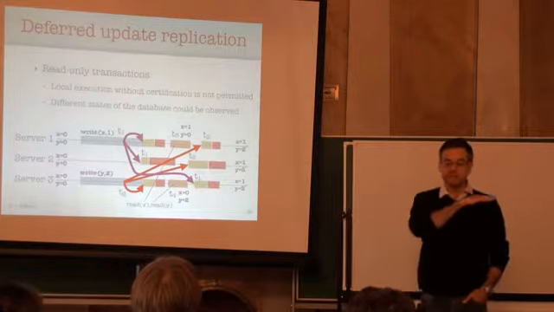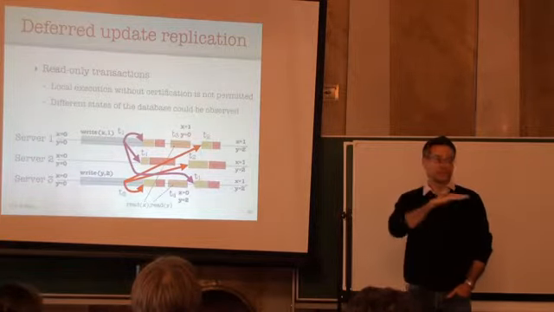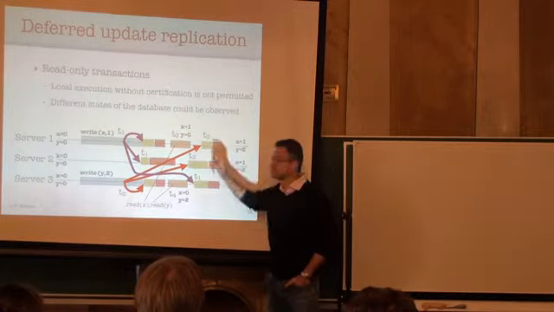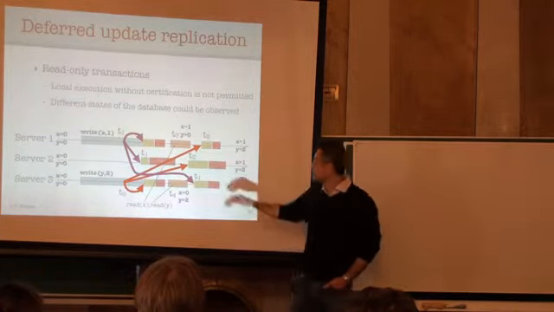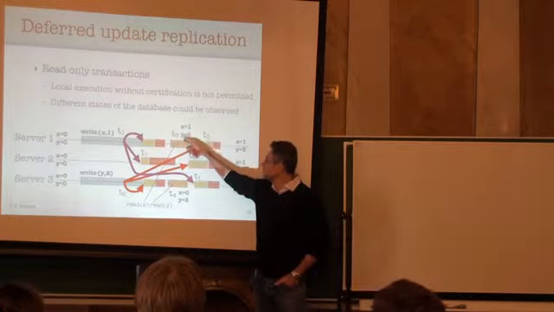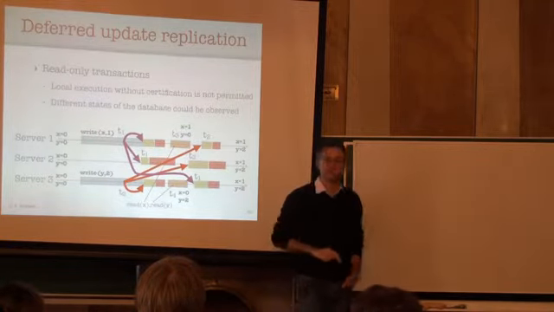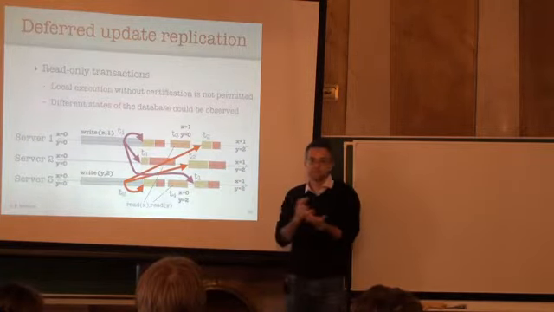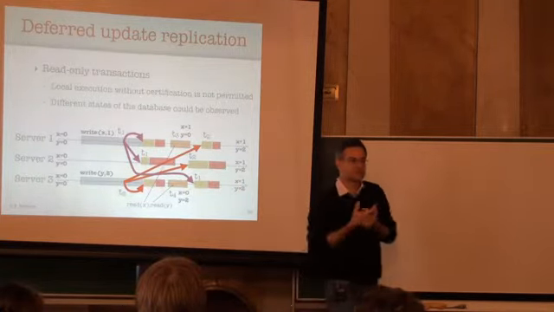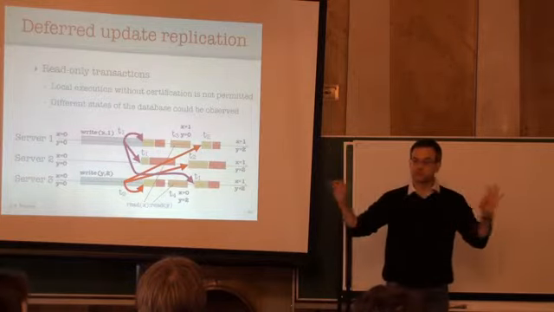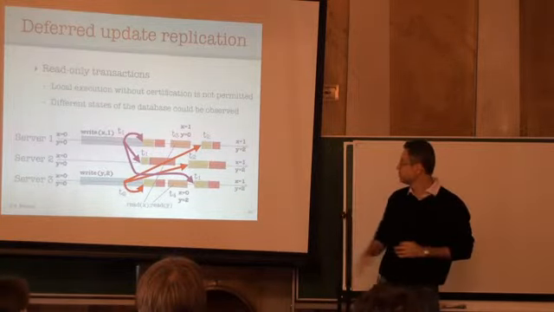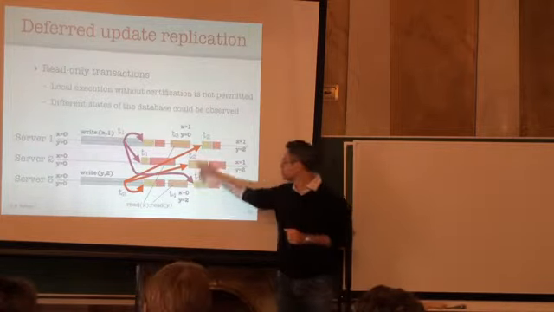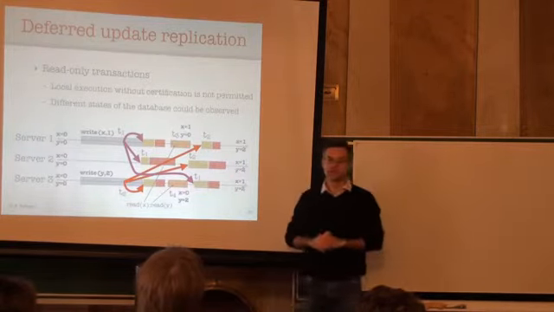There is no way I can place all these transactions in the same line so that all four transactions can see these values. Why? Because for transaction T3, T1 happens before T2, and for transaction T4, T2 happens before T1. So there's no way I can swap my operations and my transactions and place them over a single line so that this execution is equivalent to my concurrent execution.